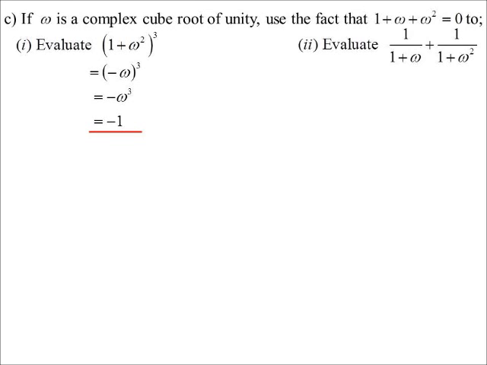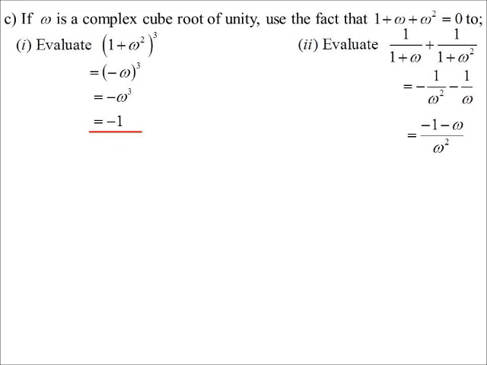This algebraic fraction, the temptation is to get a common denominator and then play with the fraction. Not going to do that. Again, the denominator has two terms. A lot easier to deal with fractions when the denominator has one term. Well, 1 plus omega is the same as minus omega squared. And 1 plus omega squared is the same as minus omega.